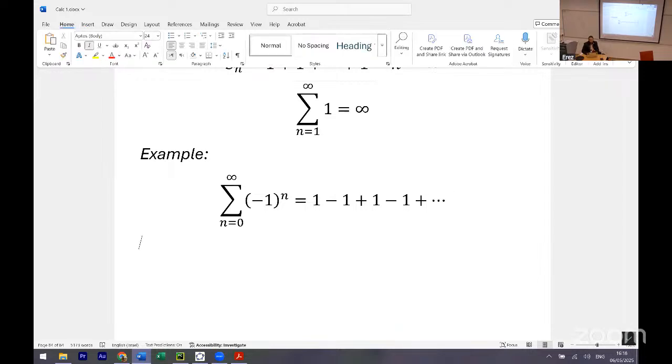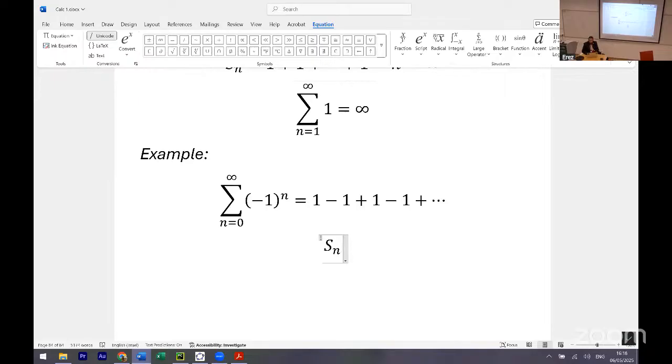But by our definition, what is the partial sum sequence? It's 1 minus 1 plus 1, and so on, and eventually you get (-1)^n. And it's not clear if it's positive or negative, right? But it very much changes the situation.